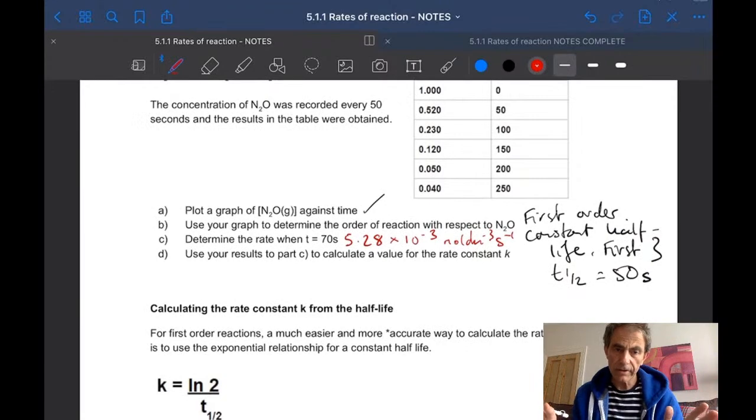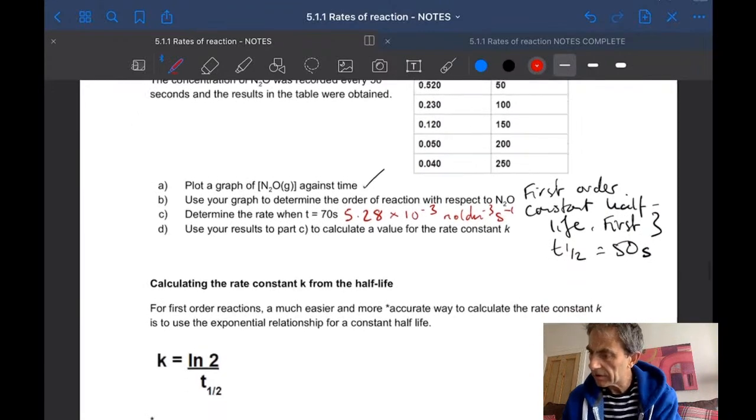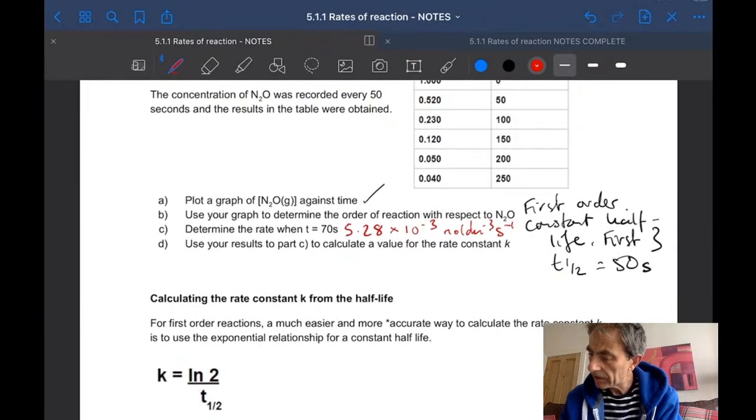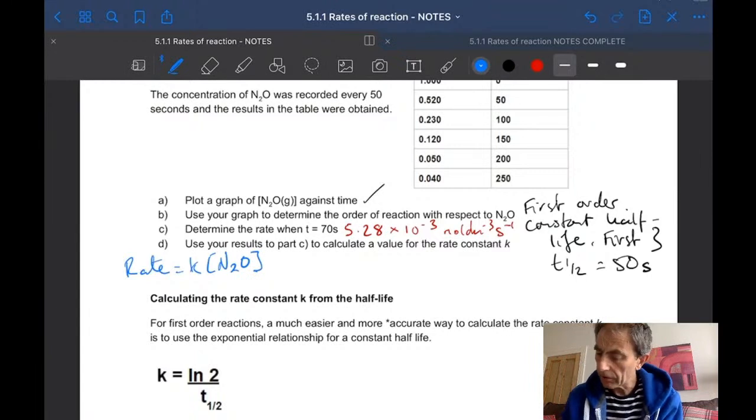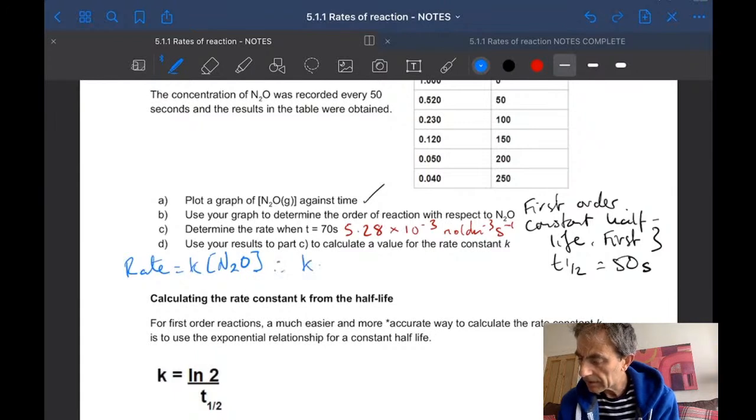N2O is the only reactant in this reaction, so therefore the rate equation is rate equals K times N2O concentration raised to the power 1, or you can put the 1 in or leave it out, it's fine, whatever. Therefore K equals rate over N2O concentration.